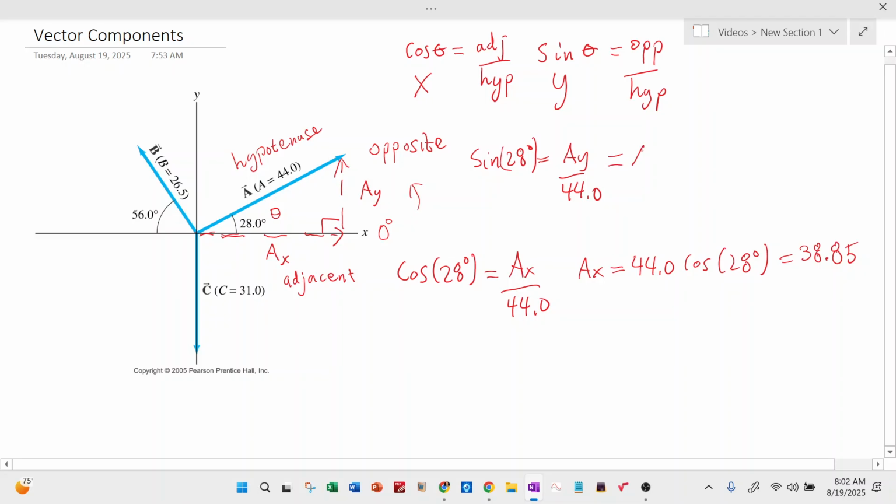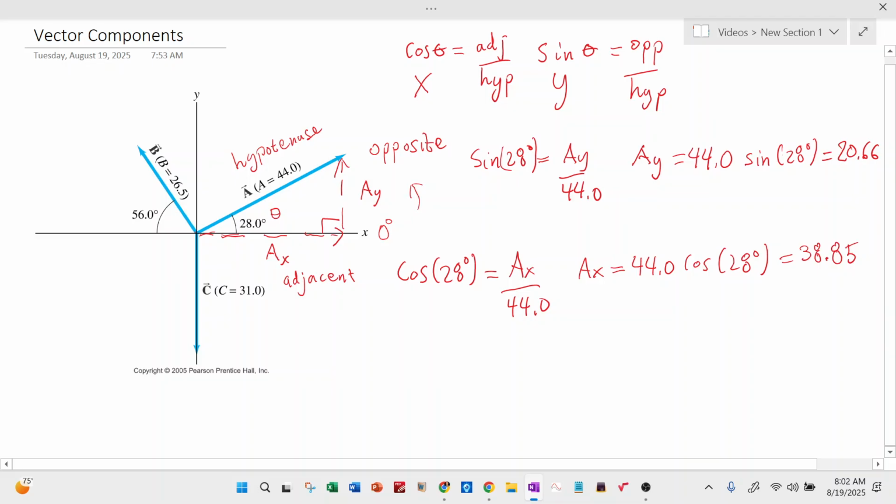And that means that AY is equal to 44 times the sine of 28 degrees. And that is 20.657 units. So I'll call that 20.66.